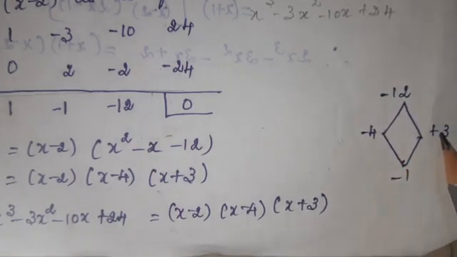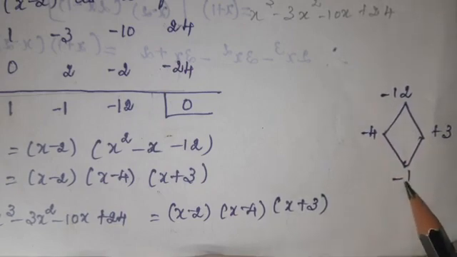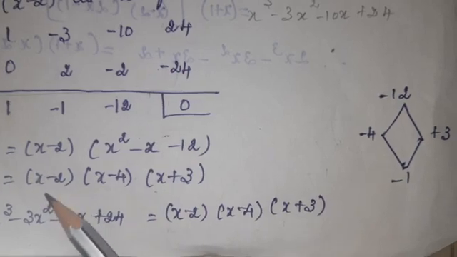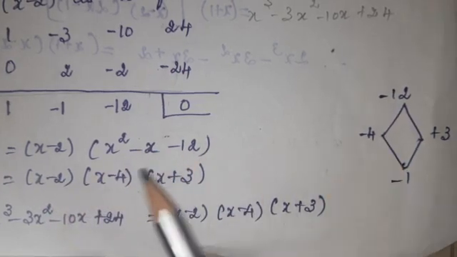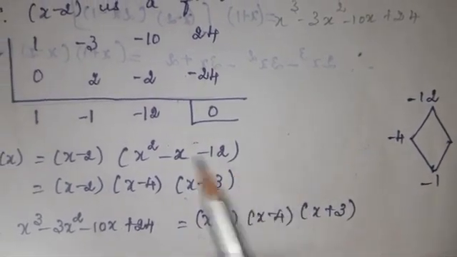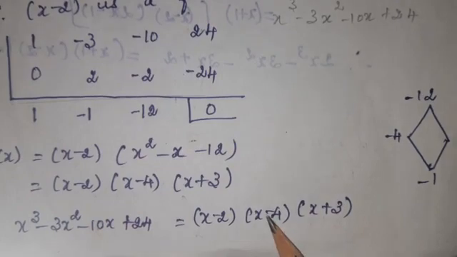Minus 4 times plus 3 is minus 12, and when you add minus 4 plus 3, it is minus 1. So directly we can write x minus 2 as it is, and instead of this quadratic, I am using x minus 4, x plus 3. This is our factor for that question. So our answer is x minus 2 into x minus 4 into x plus 3.